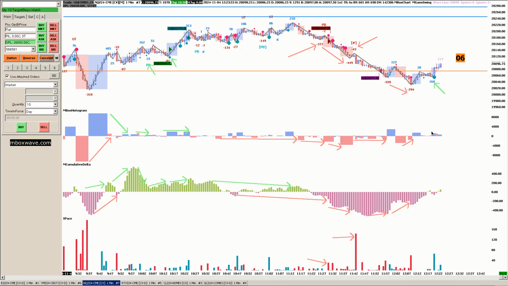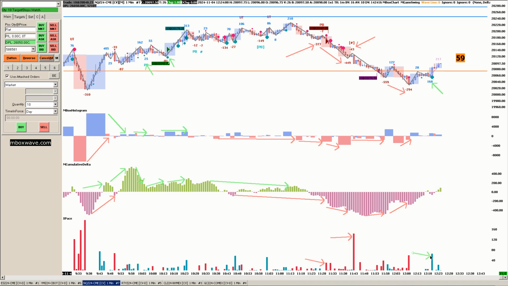I don't know how much buying is going to come in, but this at least gives credence to some kind of up move. And look at this, X pace offers. This is also changing behavior in the X pace. And now we're gaining a switch over in the cumulative delta. This is starting to look like a tradable setup, but I'm done trading for the day.